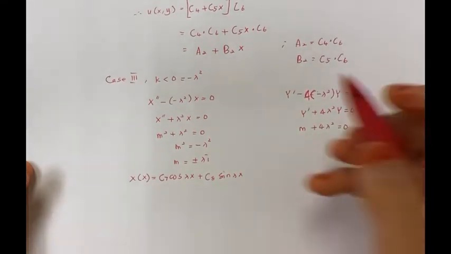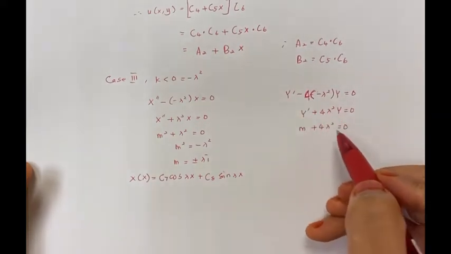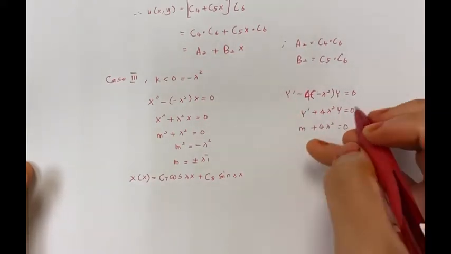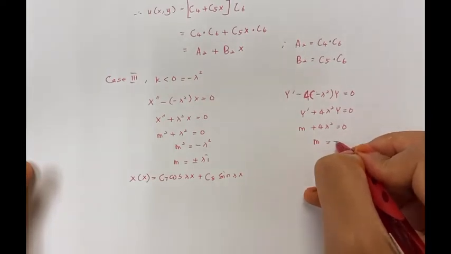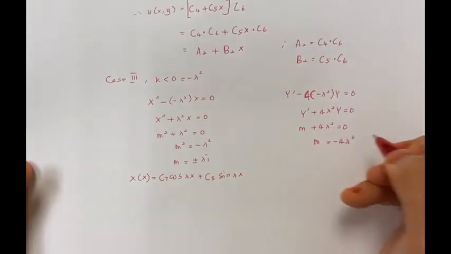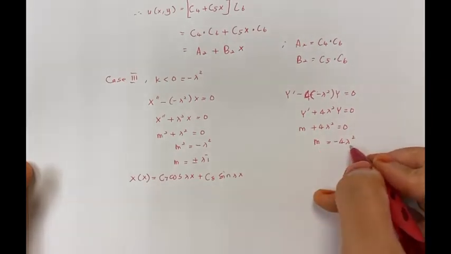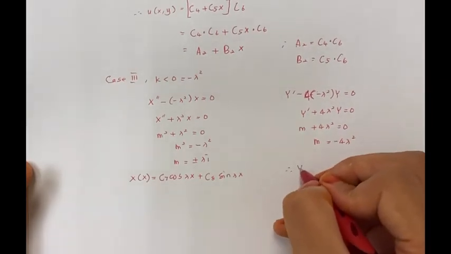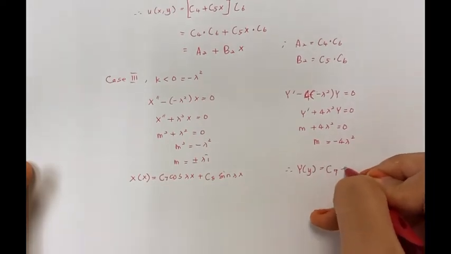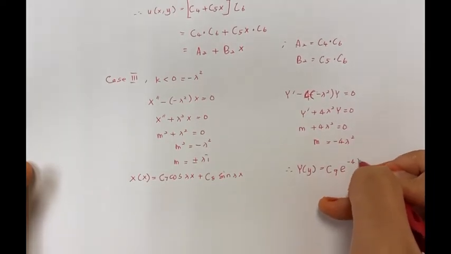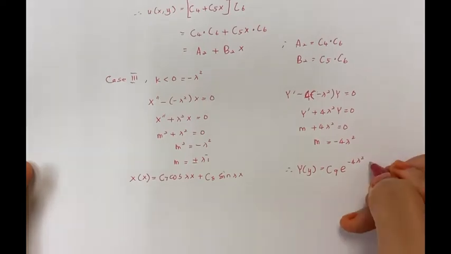Okay, for y, since it is first order, you just have one root. So for this, the root is m equal to -4 lambda square. So the general solution for y is equal to C9 exponent -4 lambda square y.